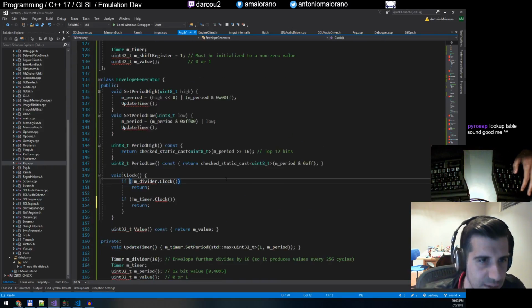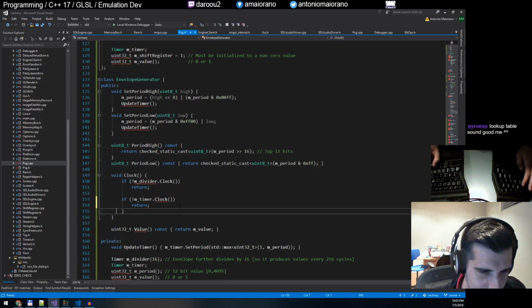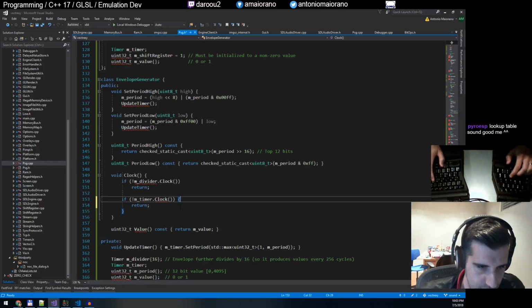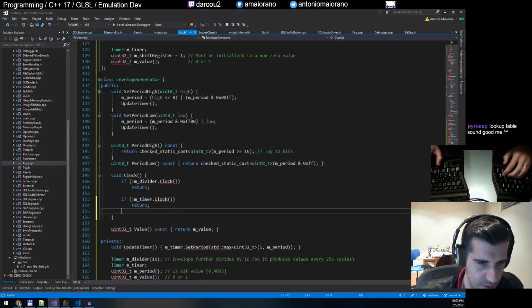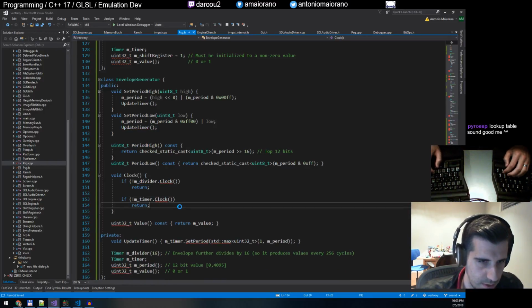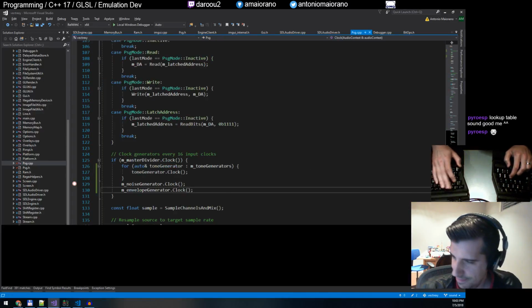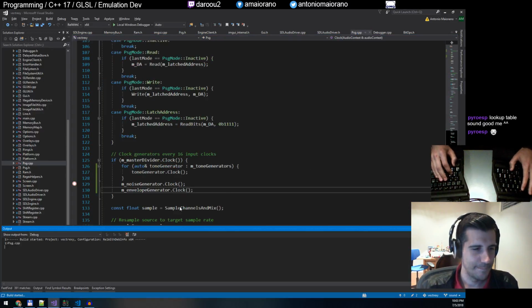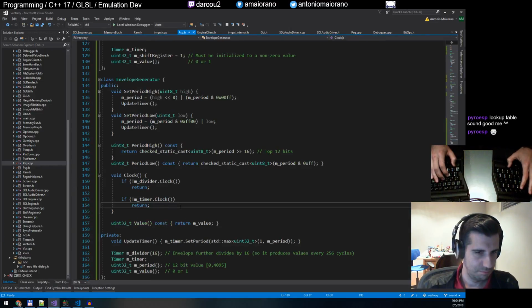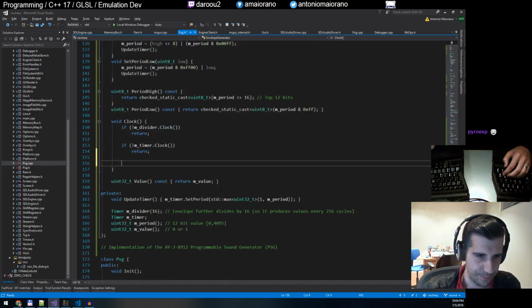What's all this red? Nothing, just Visual Studio freaking out a little bit.